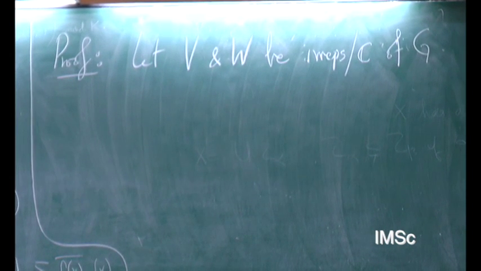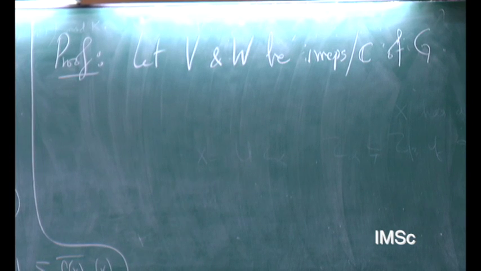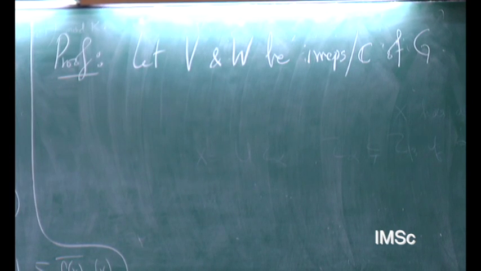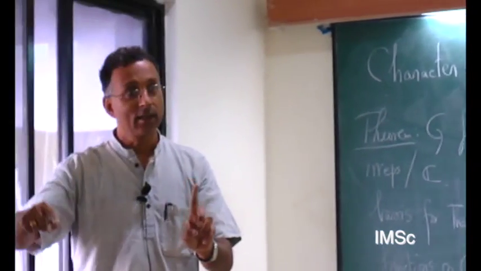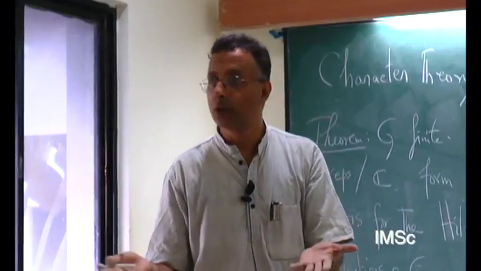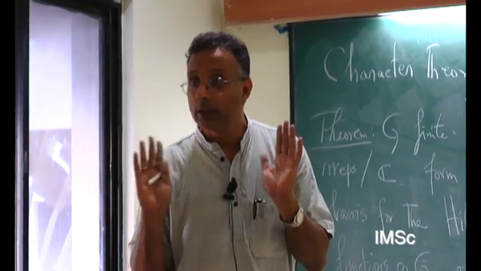Why? Because if I fix one V, we saw this argument the previous time also. Just take the orbit of V, that's a finite set that spans a G invariant subspace. If you have an irreducible space, then that must be the whole of the space. So these are finite dimensional.